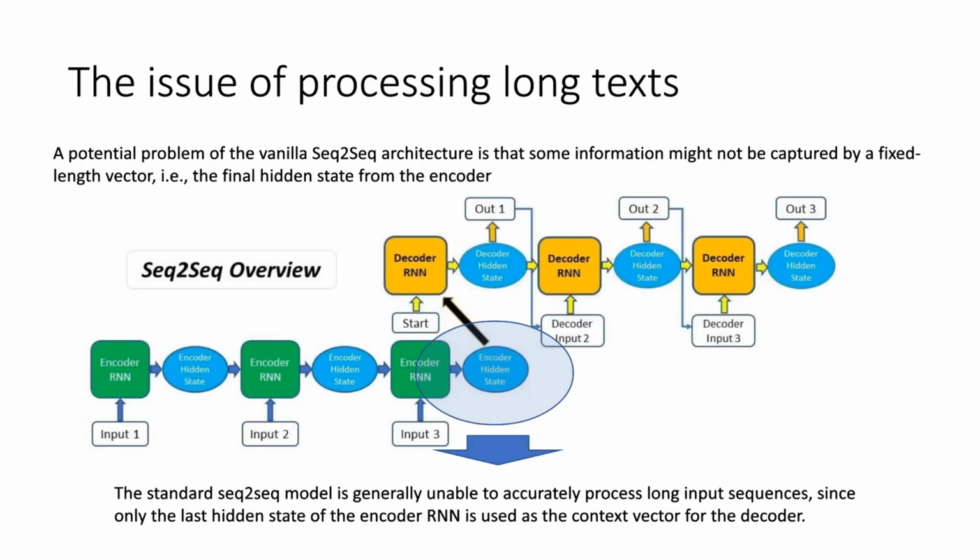But there's an issue with the SQL model. Let's imagine we really have a long text here. The input to the decoder recurrent neural network will be the very last hidden feature generated by the encoder LSTM, which means every single input element of the input sequence will first be compressed into this hidden feature, and this hidden feature will be put into the decoder for generating the new sequence. So I would say there are two issues here.